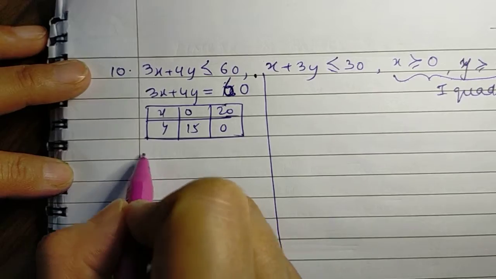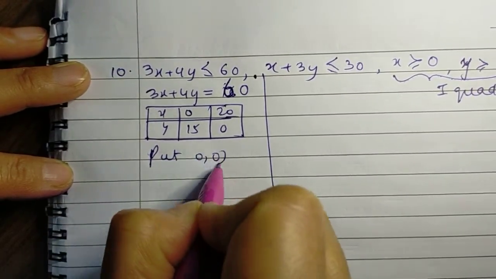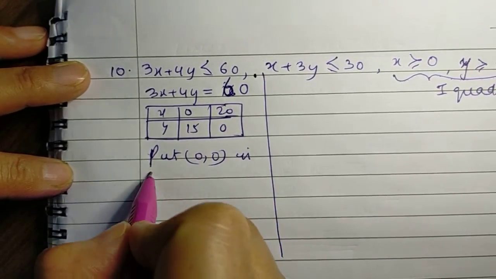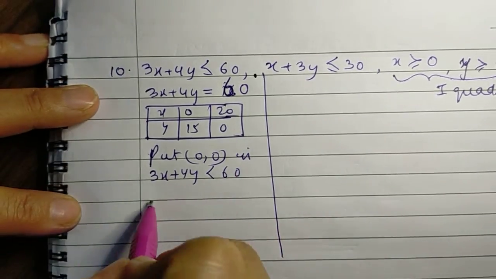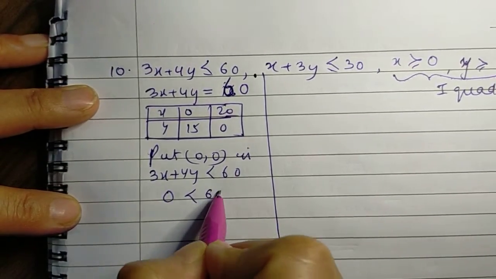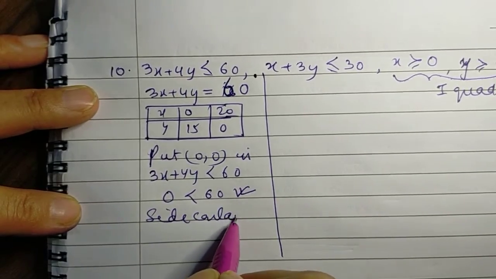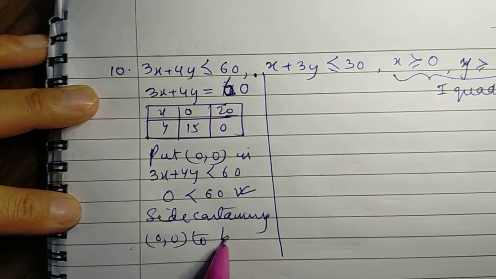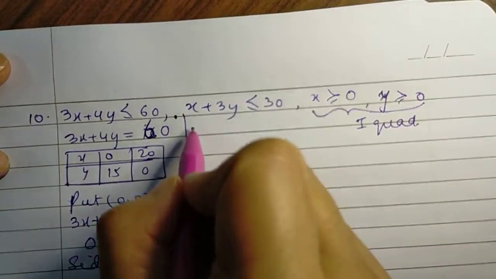Then we put the origin in the inequality, that is 3x plus 4y is less than 60. So what you get, 0 is less than 60, which is true. So the side containing the origin is to be shaded.